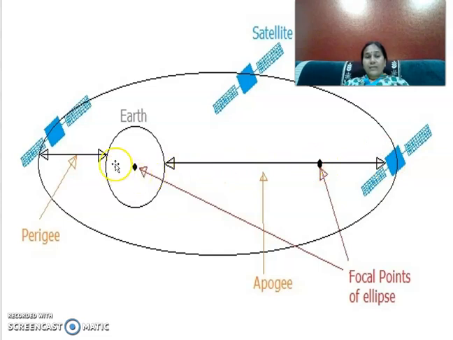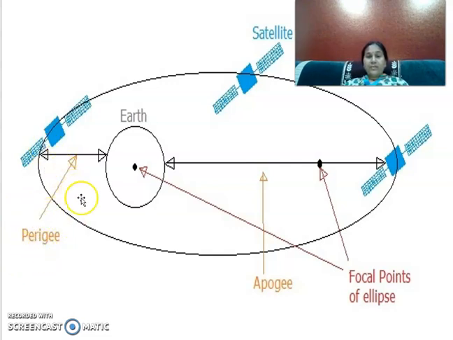So when the satellite rotates, it comes very close to the earth, which is called the perigee point. When the satellite is closest to the earth, the distance between the satellite and the earth is a minimum, which is called perigee.